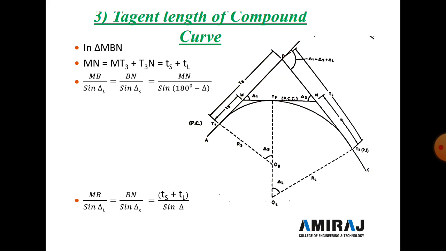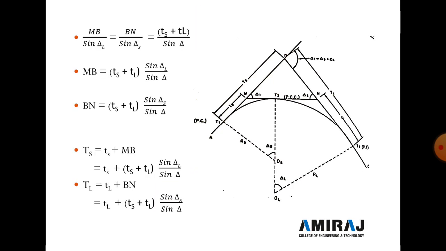MB divided by sine delta L is equal to BN divided by sine delta S, which is equal to ts plus tl, the value of MN, divided by sine delta. Now we find the value of MB: MB is equal to (ts plus tl) sine delta L divided by sine delta.